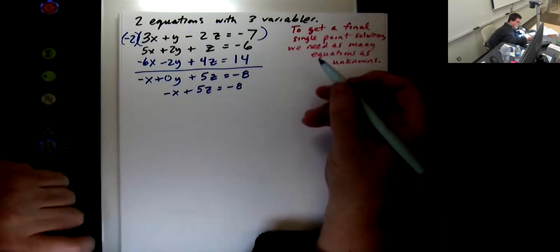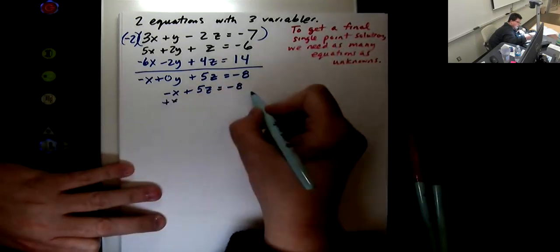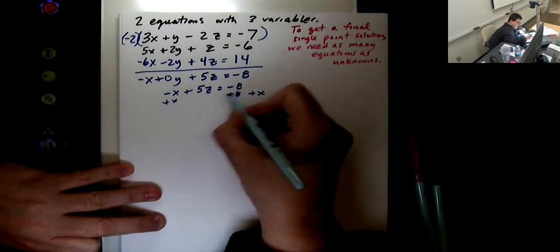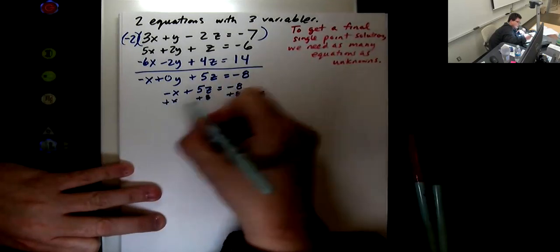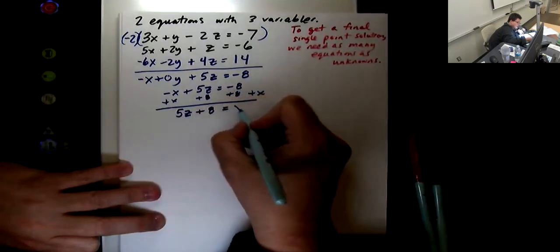So if I add x to both sides and add 8 to both sides, I can at least get the letters on different sides. I get 5z plus 8 equals x.